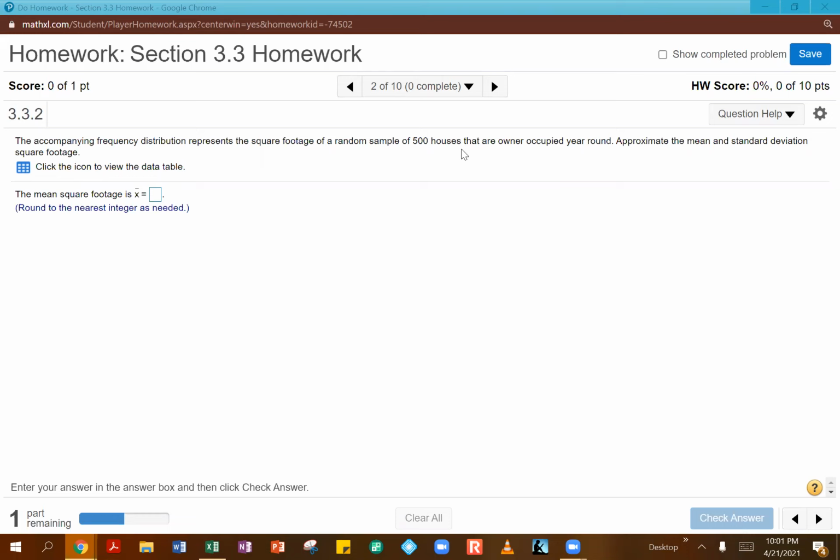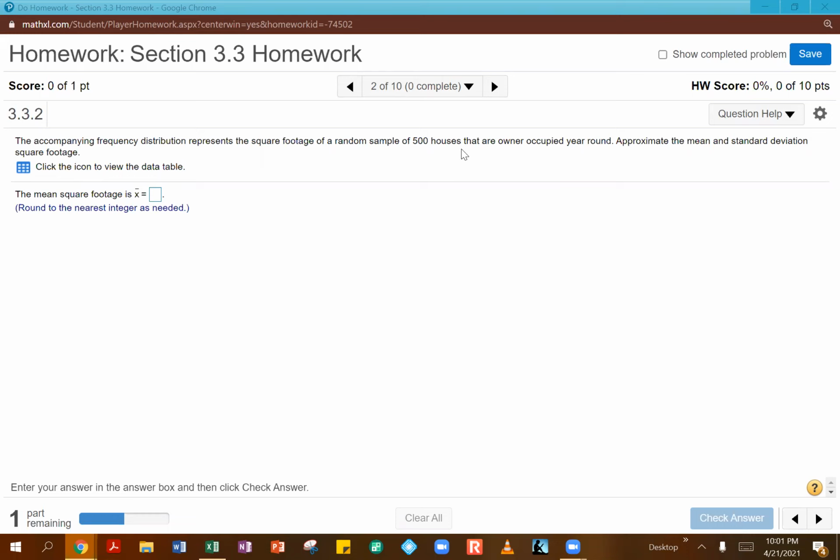Now, when we're talking about calculating the mean for a frequency distribution table, this is from your textbook page. This is what the formula looks like. The x sub i that you see is the midpoint for each class that we have, and the f sub i represents the frequency of that class.